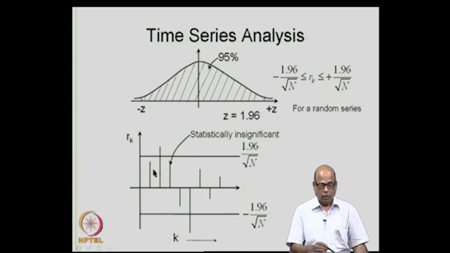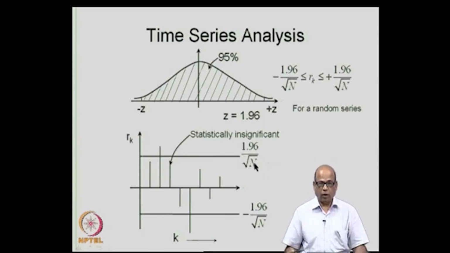Then you plot the R k values, which gives R k versus k, which gives the correlogram, and then you draw the lines corresponding to the significance levels of the R k, which is, for a 95% significance level, minus 1.96 by root n and plus 1.96 by root n, where n is the number of observations. In the case that I just mentioned, you had 480 values.